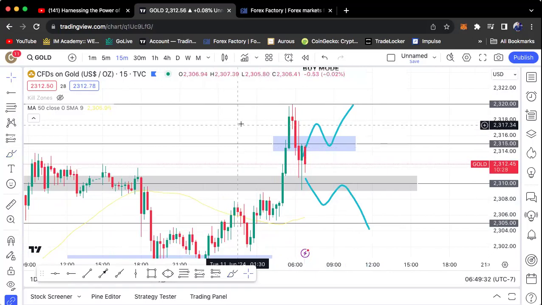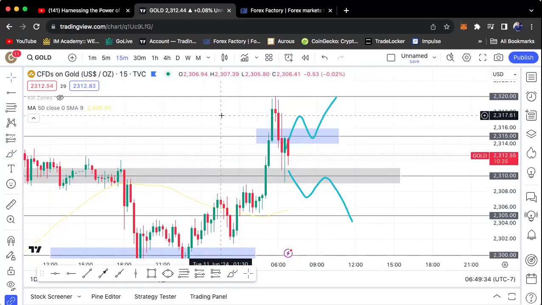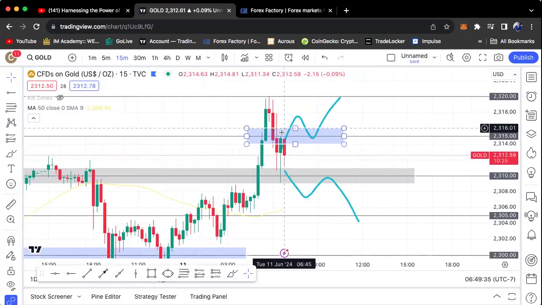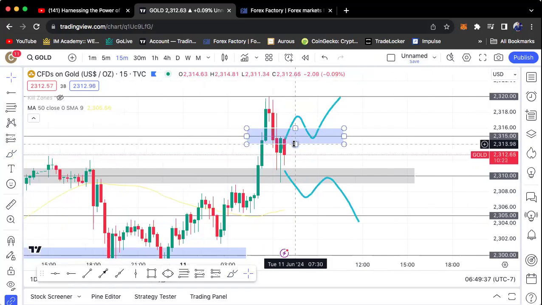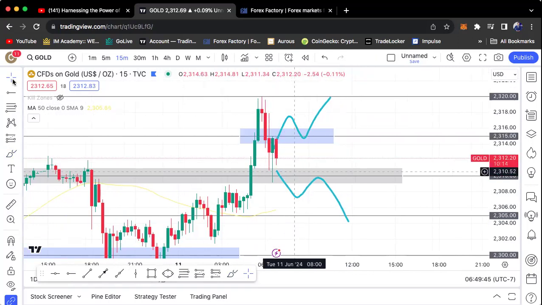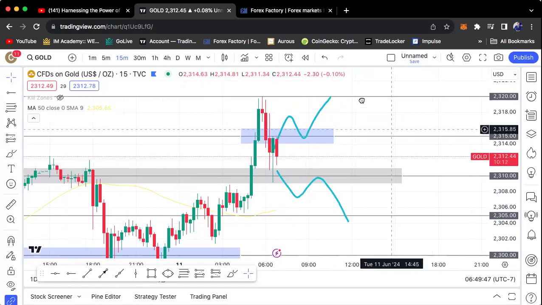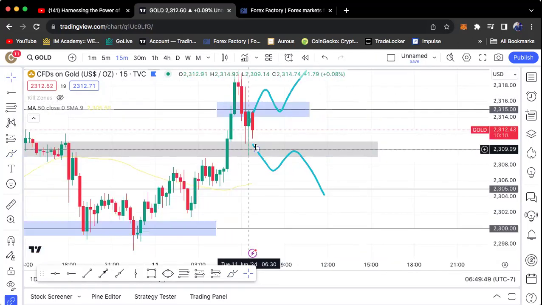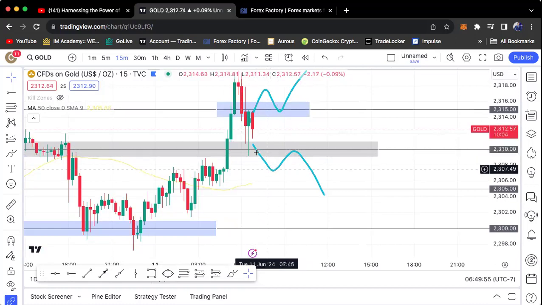For my risk takers, my savages, if you guys wanna wait for that next break of structure towards the upside, you guys can wait for this to happen. Or for those that are more conservative, wanna be on the safe side, wanna go with the trend, and also for my beginners, just stick with the downtrend move. Wait for the break of structure to the downside.